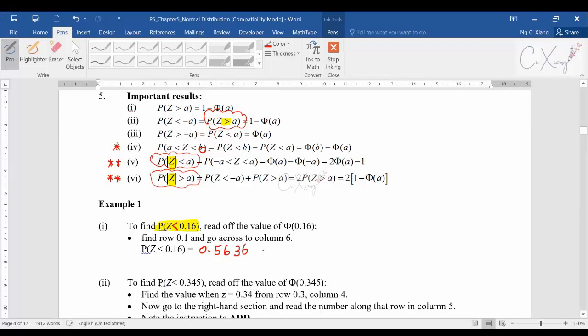So if you want to be on the safe side, you can change it to 3 significant figures, which is 0.567.